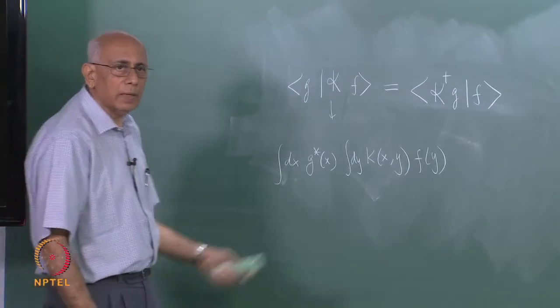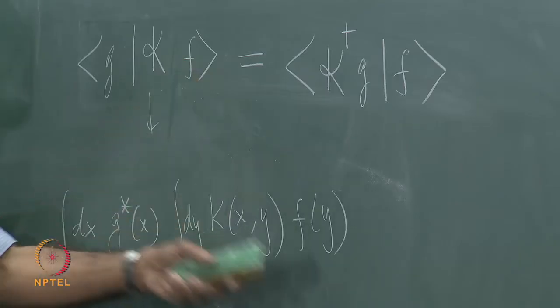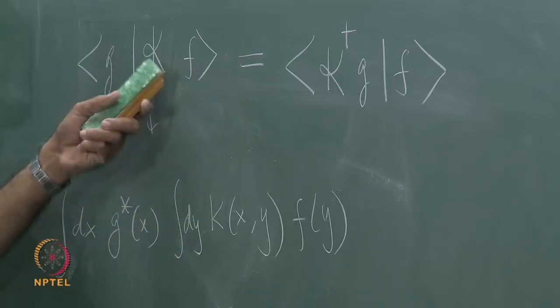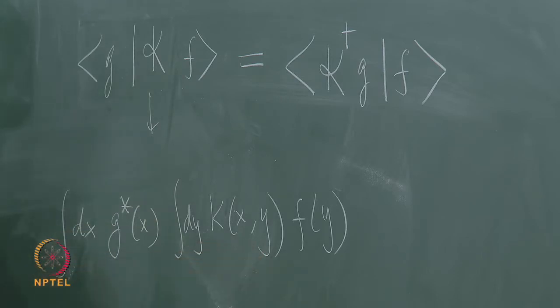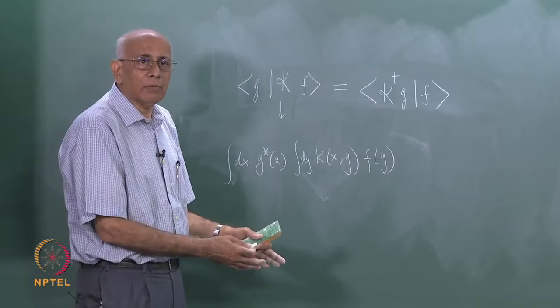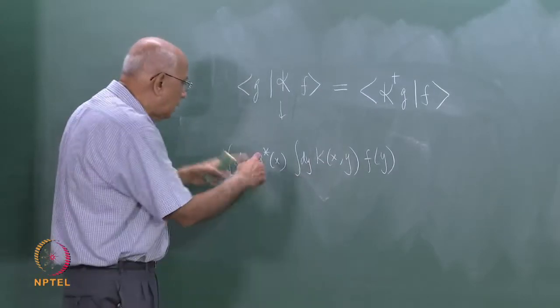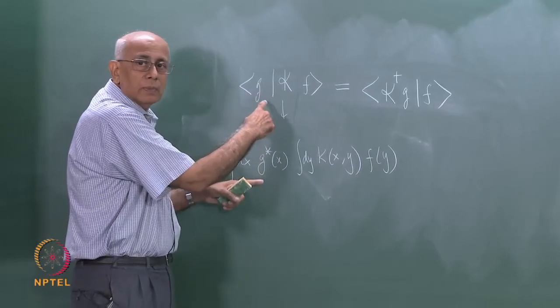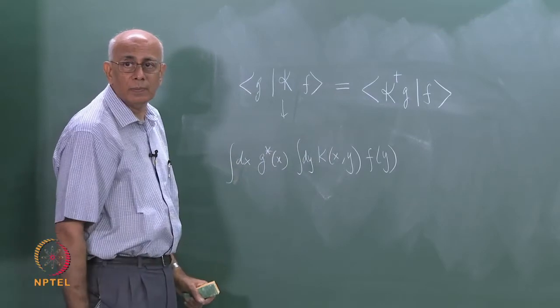Is this clear? So it says f is represented by f of y in that function space, this is represented by the kernel k of x comma y, and I integrate over y, I get another element of the function space as a function of x. Now I take g star of x, that is this guy here because it is a bra vector here, integrate over x, and that is my scalar product.